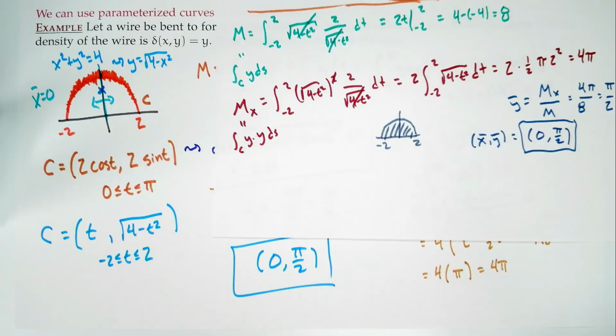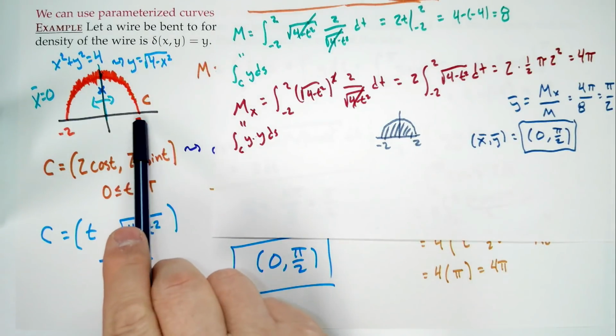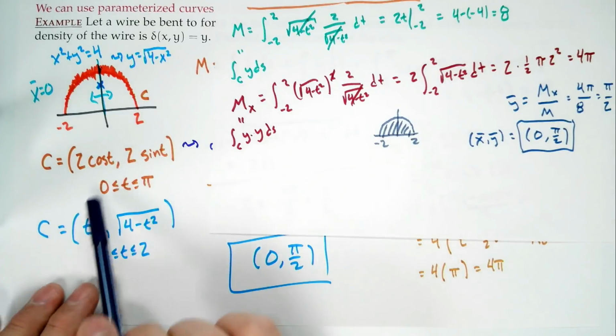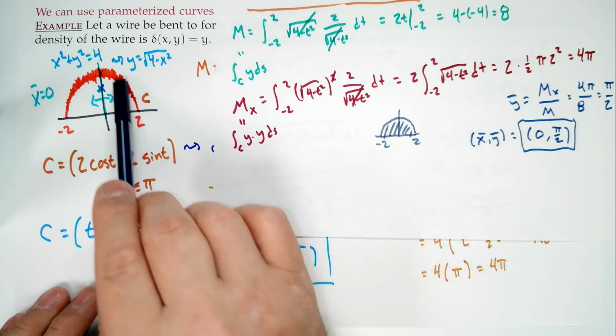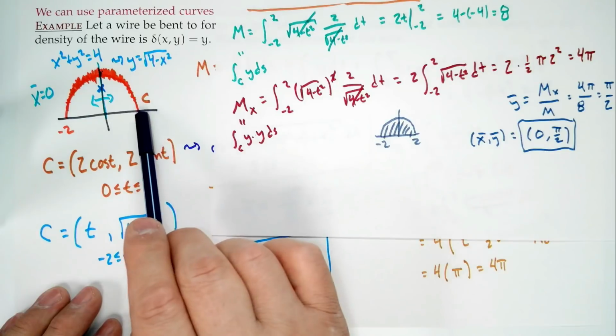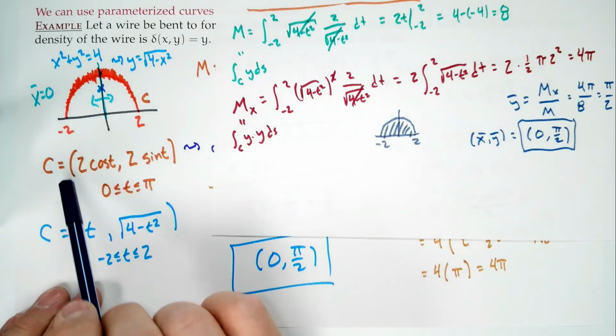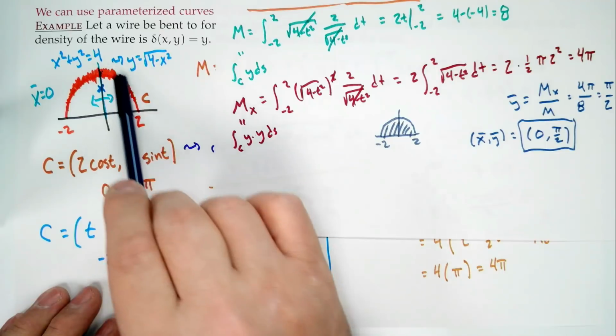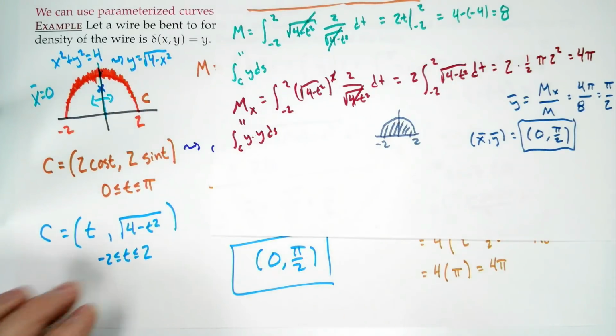It is. And one of the things we should point out is that our first parameterization traveled the curve this way, because you start at 0 here and end at pi there. The other parameterization traveled the curve the opposite way. But we still got the same answer. In other words, it didn't matter which direction we traveled, because this is a line integral where orientation doesn't matter.